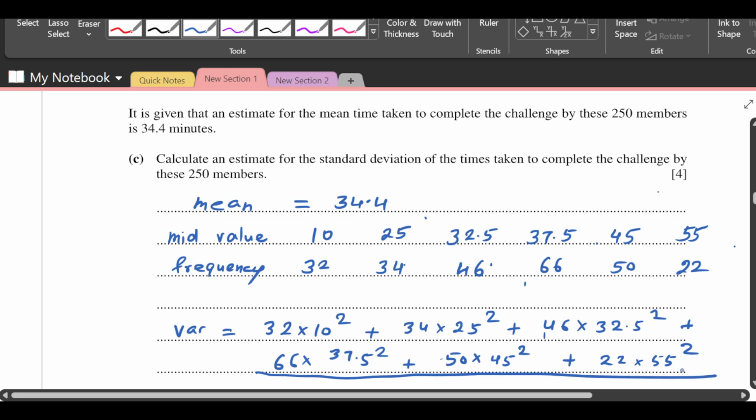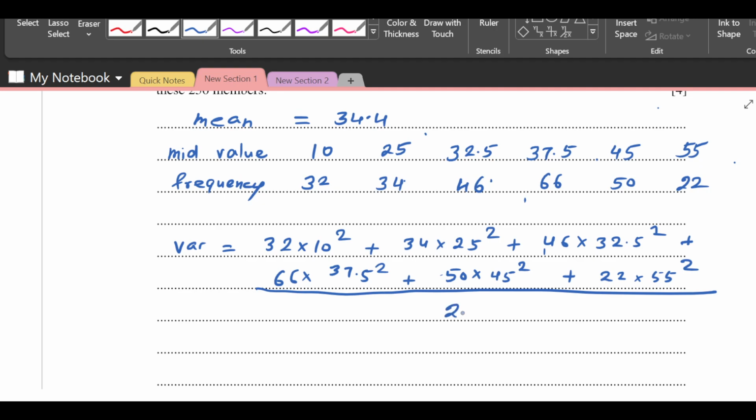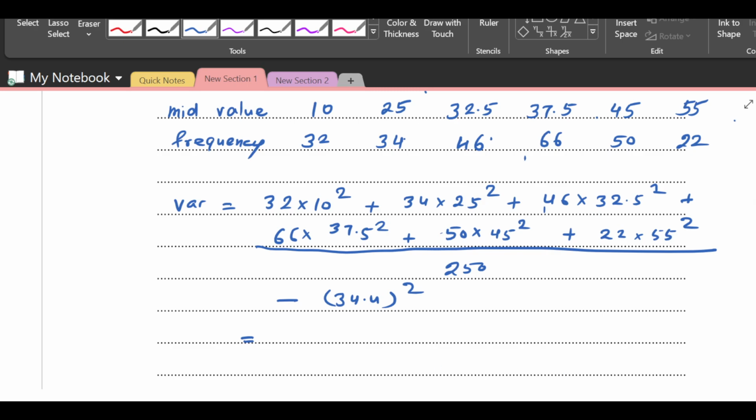Here our total frequency is 250. So whole divided by 250 minus x bar squared, 34.4 squared.